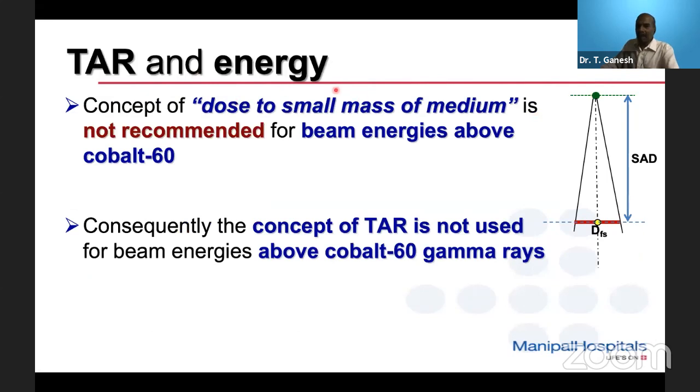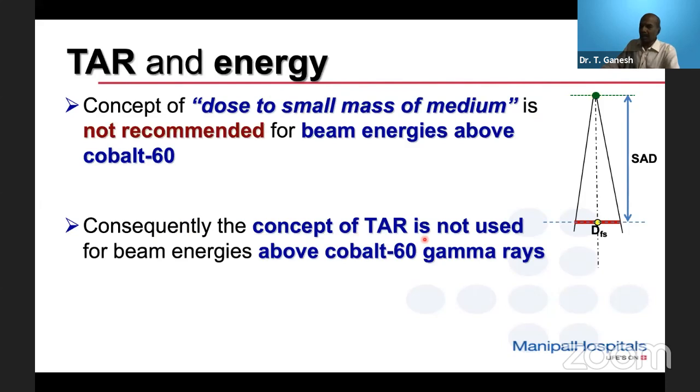Now, TAR and energy. The concept of the dose to small mass of medium is not recommended for beam energies above cobalt 60. So we don't have to talk about the dependence of TAR on energy, because this dose to free space, or dose to small mass of medium in free space, is not recommended when the beam energies are higher than cobalt 60.